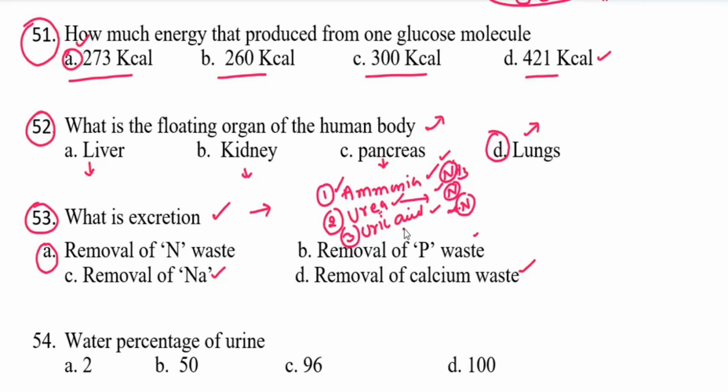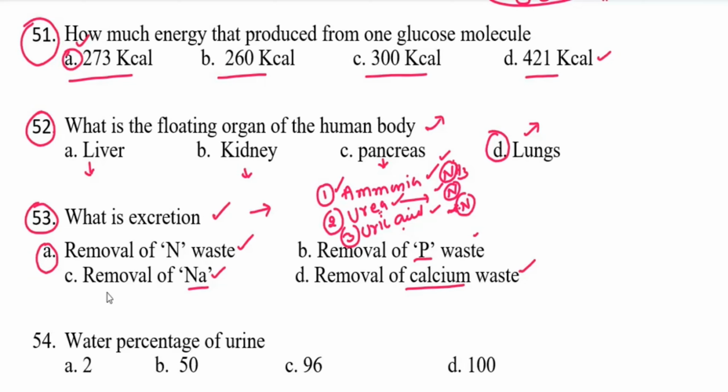If uric acid is the excretory material, the nitrogen waste is uric acid. That's why removal of nitrogen waste is the correct answer. The remaining three are wrong answers. There is no excessive removal of sodium from the body. Phosphorus is also not released outside of the body. Calcium also will not be released outside of the body.